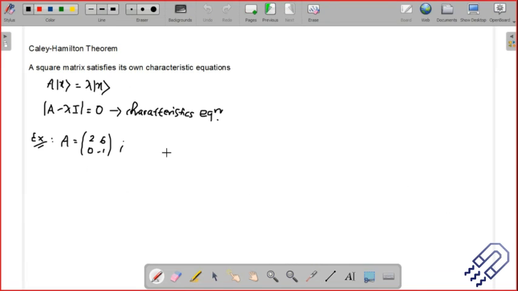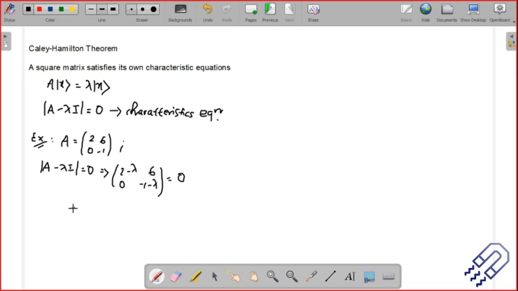To see that it satisfies the equation, the first step is to write down the characteristic equation. We write down A minus lambda I. We are not going to find the values right now, we just write down the characteristic equation. So it is 2 minus lambda, 6, 0, minus 1 minus lambda, equal to 0.